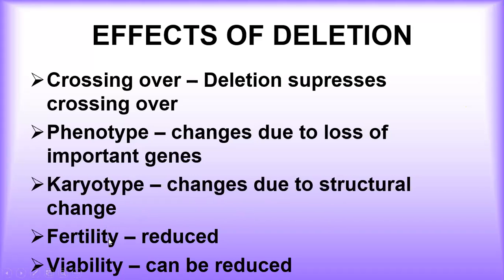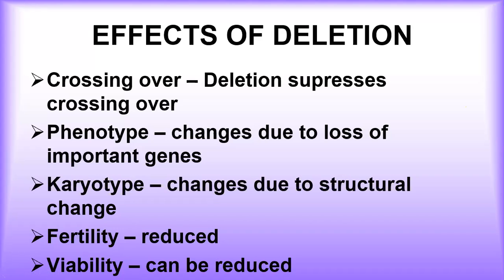Next, fertility. Ability of an individual to reproduce by sexual reproduction, that is, by formation of gametes, is called fertility. During formation of gametes, reductional division called meiosis occurs.